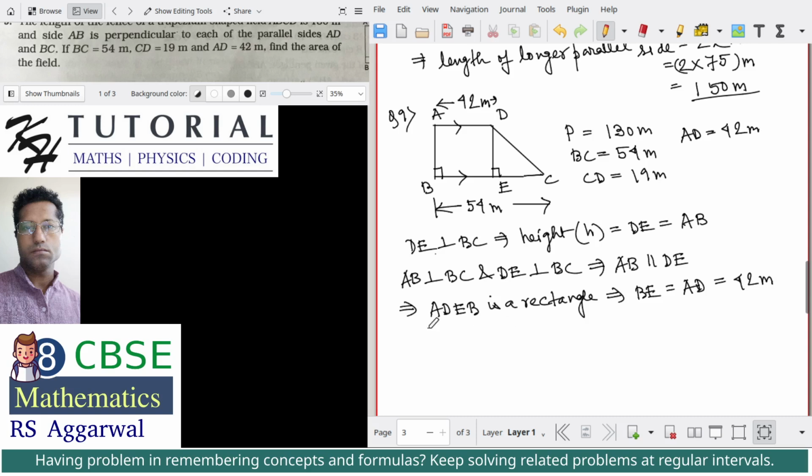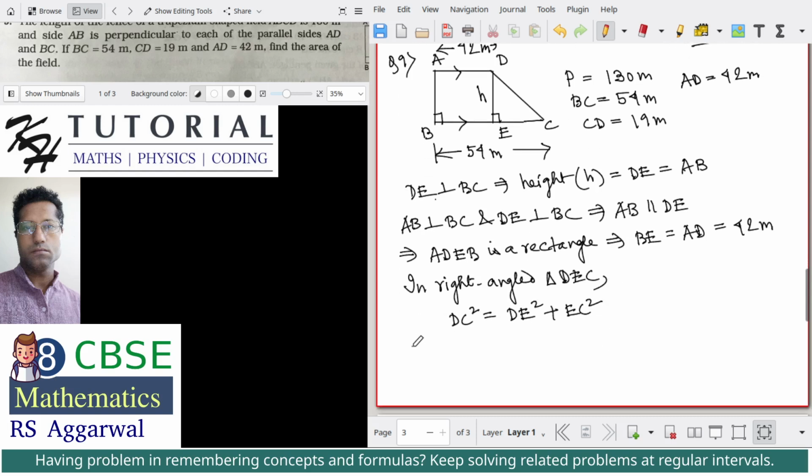Now consider the right angled triangle DEC. We need H. Applying Pythagoras theorem, DC square will be equal to DE square plus EC square.